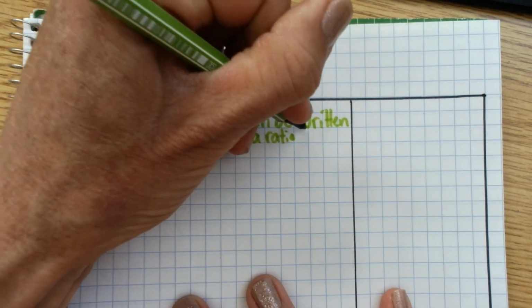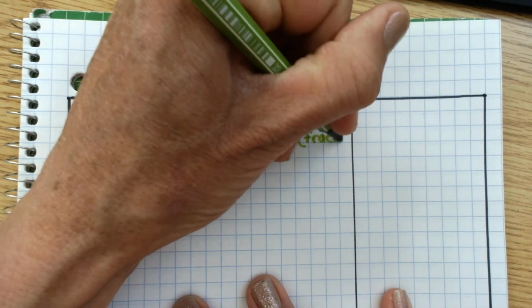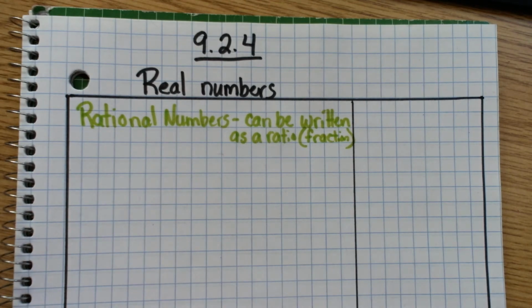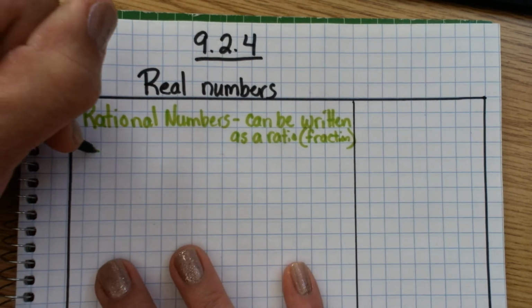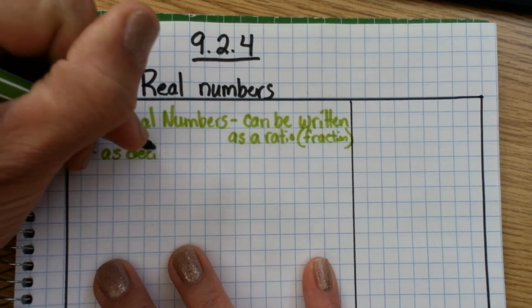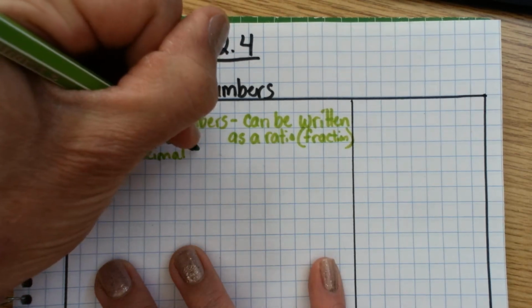And remember that ratio is just another word for fraction. Okay? And not only can they be written as a ratio, if you wrote them as a decimal, rational numbers end.